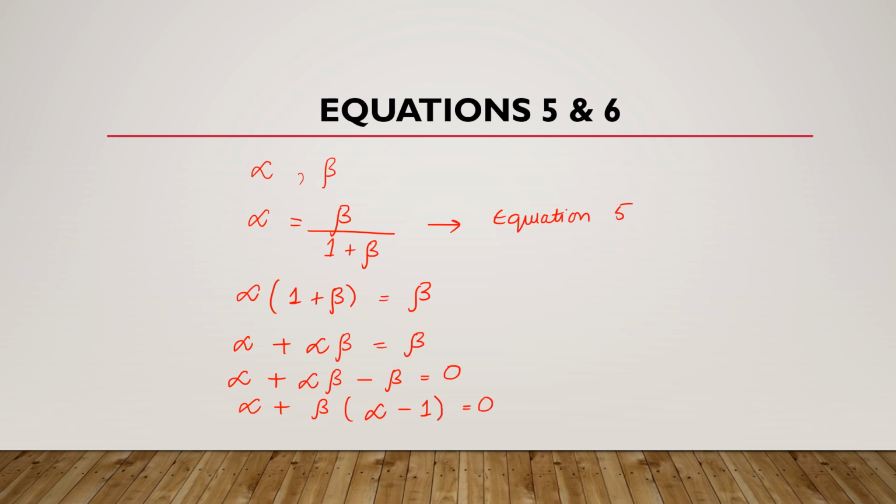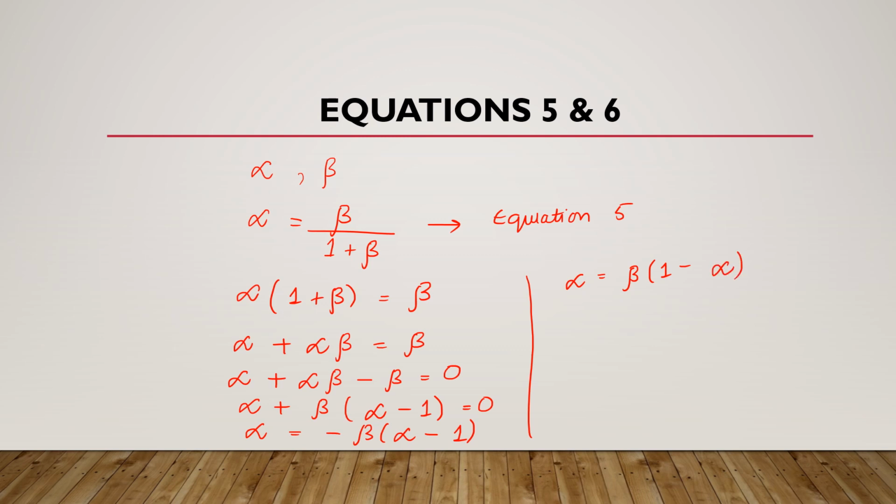If we rearrange this equation we get alpha is equal to beta into 1 minus alpha. So this equation becomes alpha is equal to beta times 1 minus alpha.